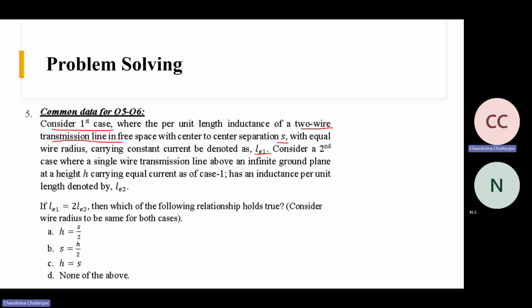And the second case is where a single wire transmission line above an infinite ground plane at a height h carrying equal current as in case 1 has an inductance per unit length denoted by LE2.